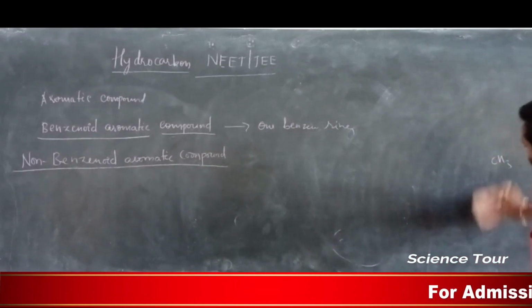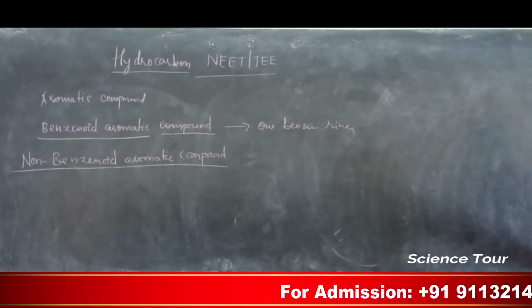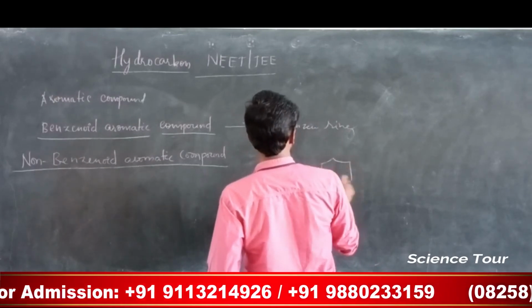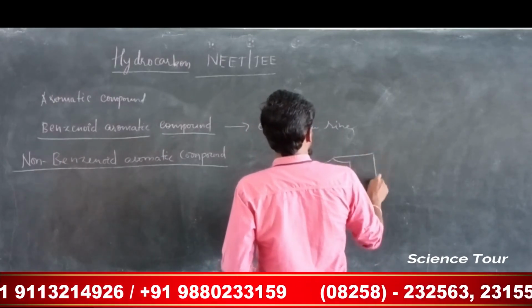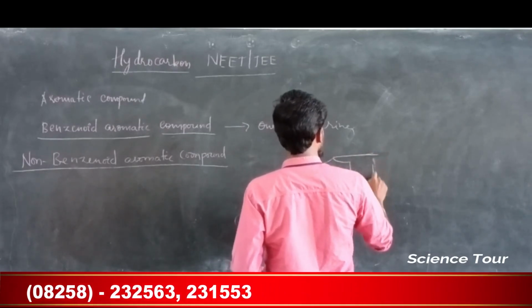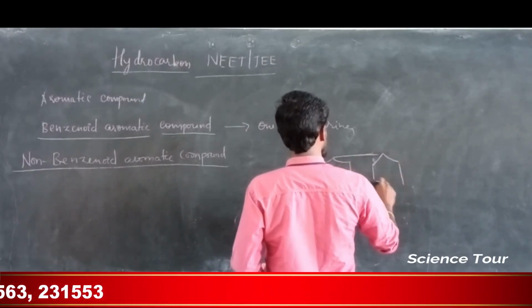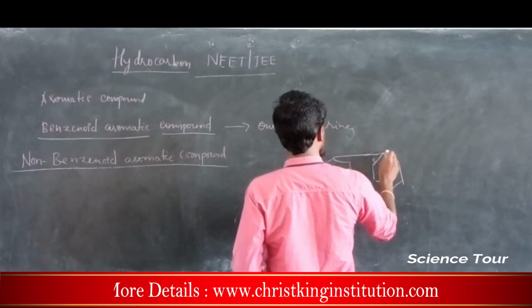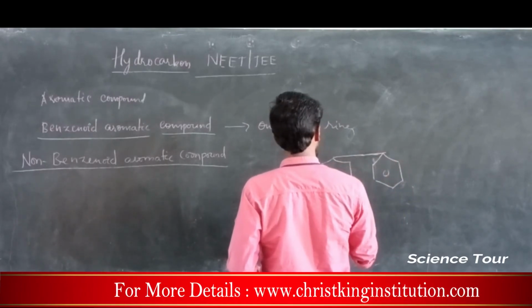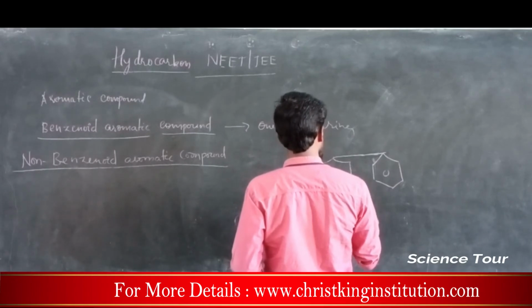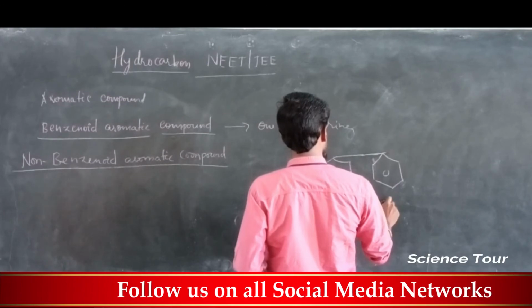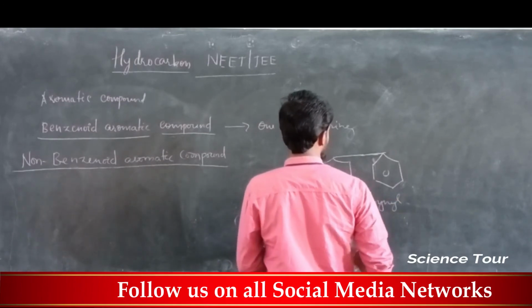Next, polycyclic benzenoid compound, my dear students, because more than one benzene ring structure should be there. This is actually biphenyl.